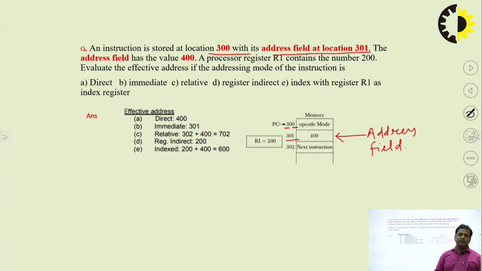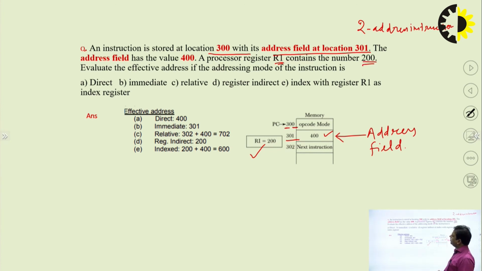Is this a one address instruction or two address instruction? This is a two address instruction, because it is occupying two memory locations. The address field has the value 400. A processor register R1 is given to you, having the value 200.